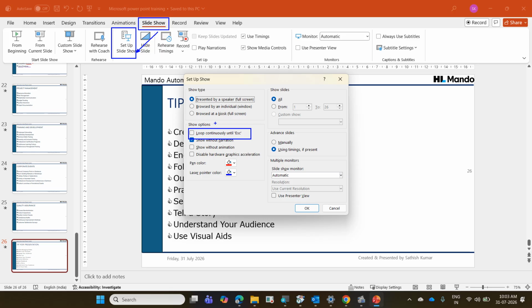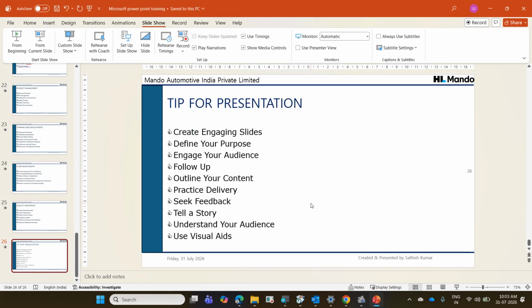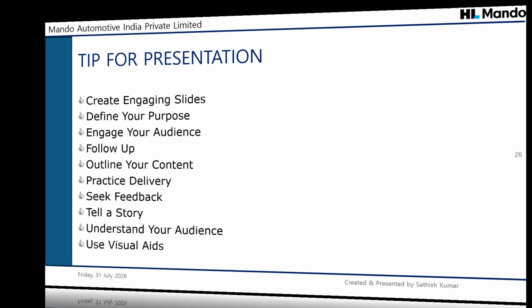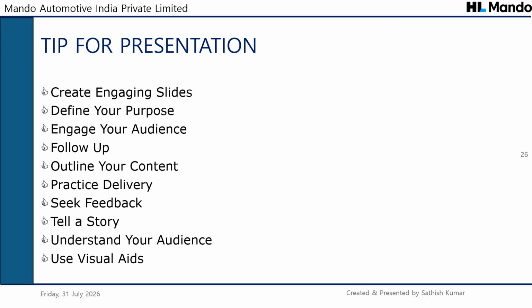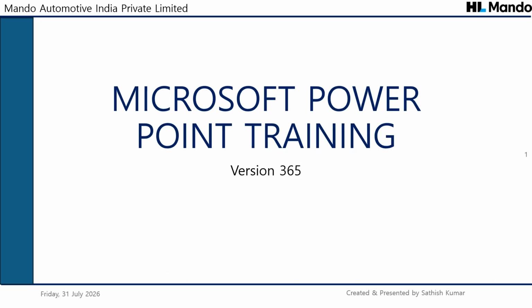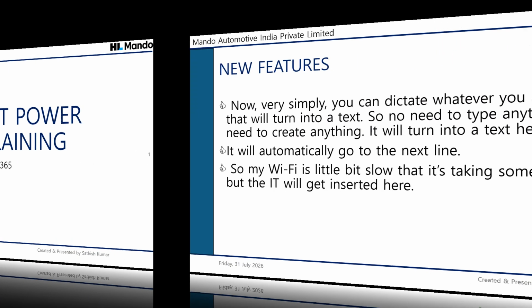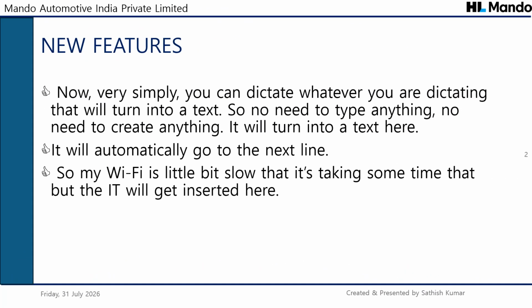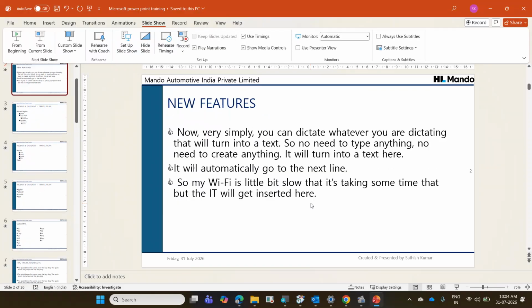Select that option. Tick that option. And I say OK here. Now you can notice, I have 26 slides. After the 26th slide is over, it restarts from the first slide. Okay. So slideshow, setup slideshow, loop continuously until escape.